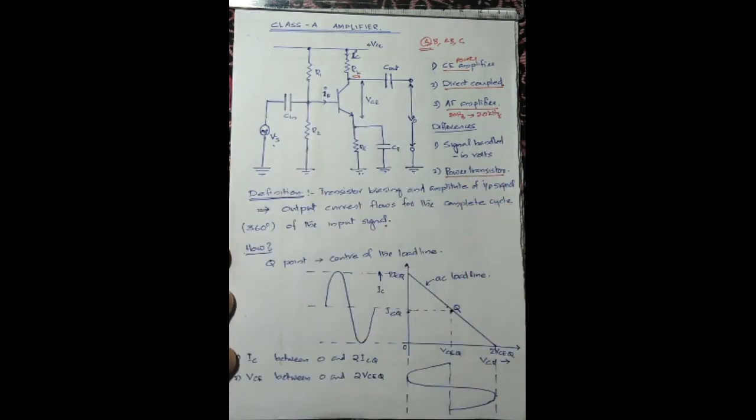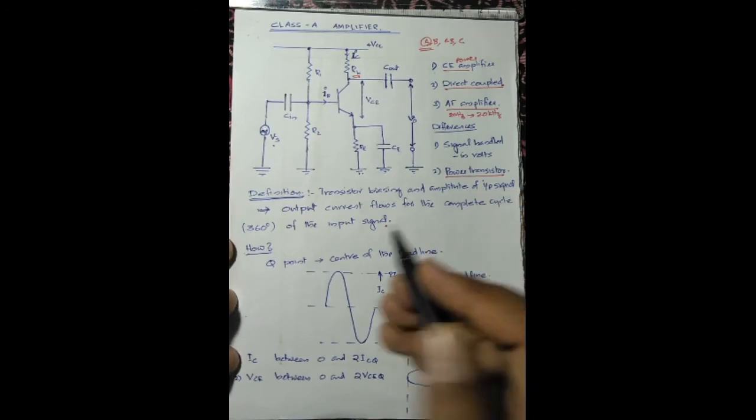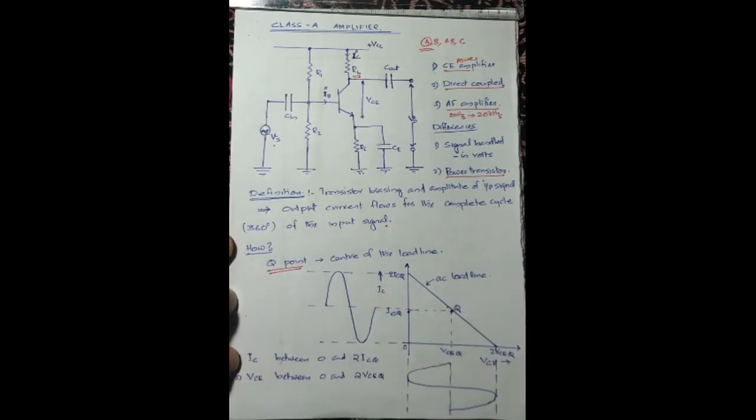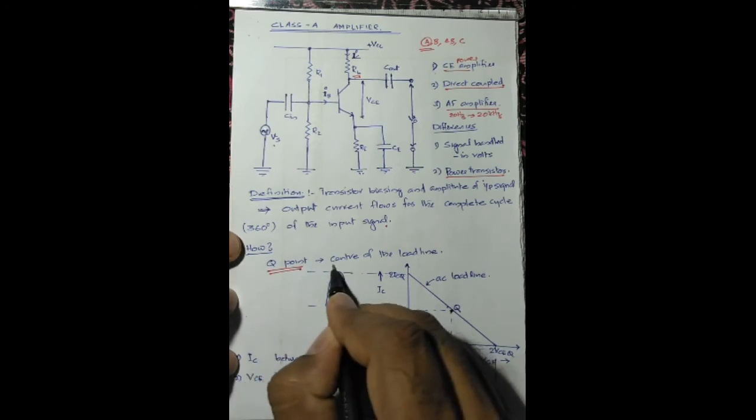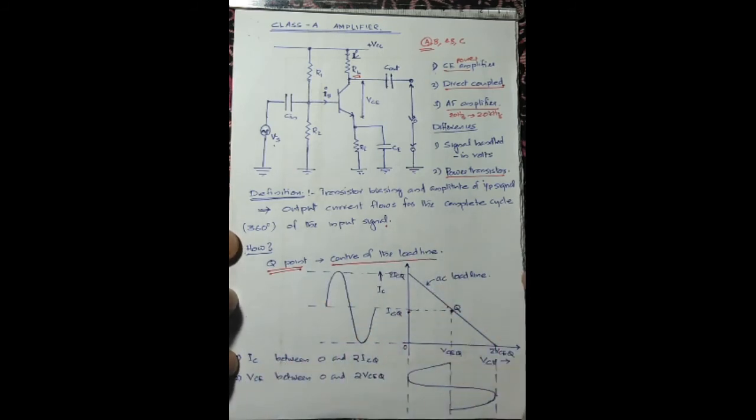But how is it established? Well, the trick lies in selecting the Q point, or the quiescent point, of operation of the transistor. We have studied this quiescent point earlier. The quiescent point is made at the center of the load line.